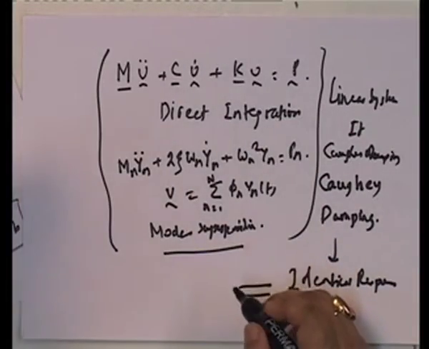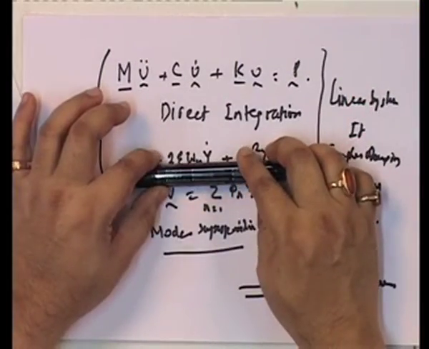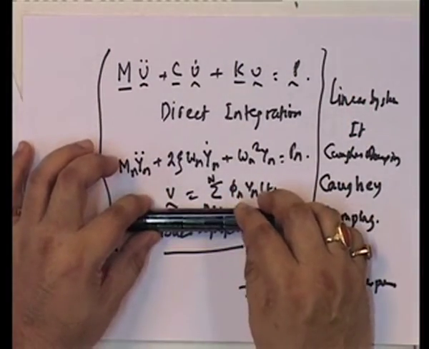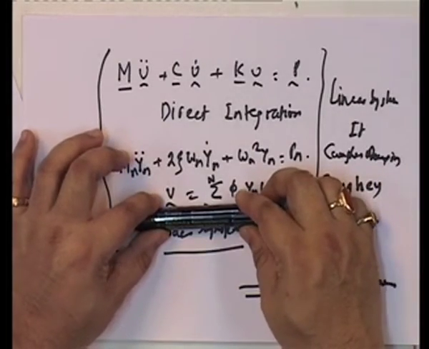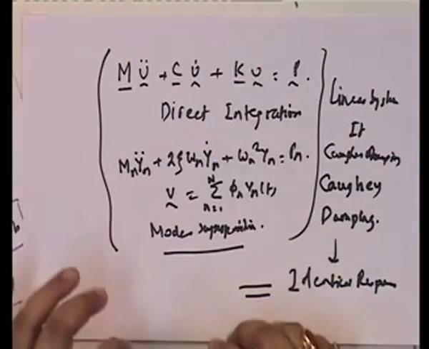If you use mass proportional damping, it will overestimate the response from the higher modes, and so this one will typically be higher than what you get from here.